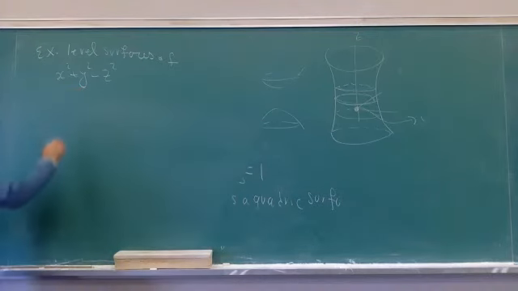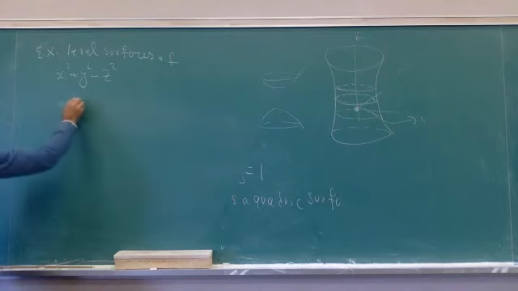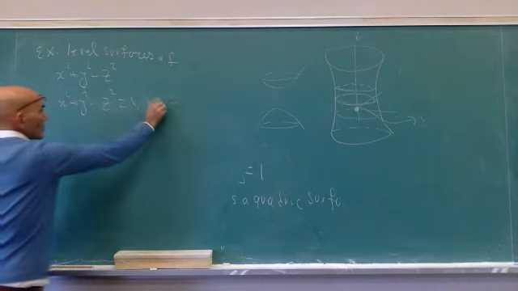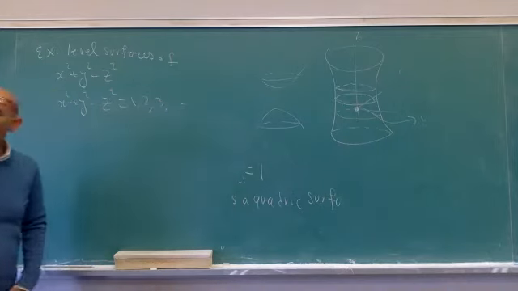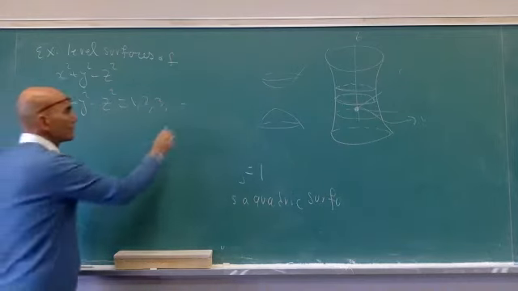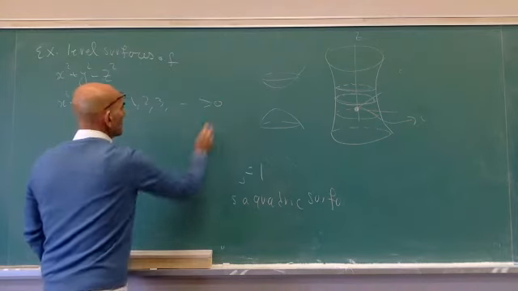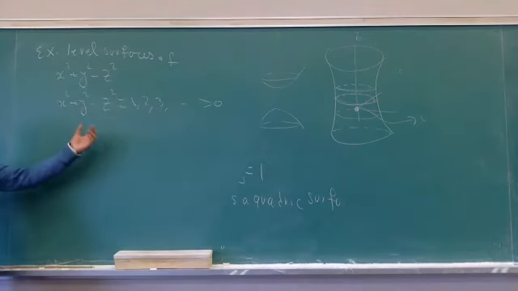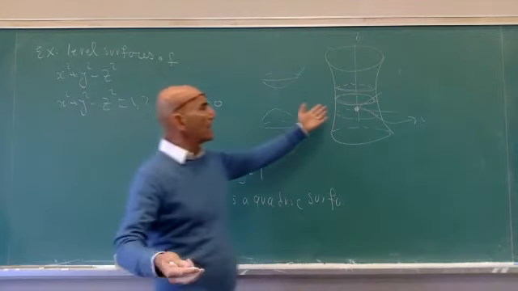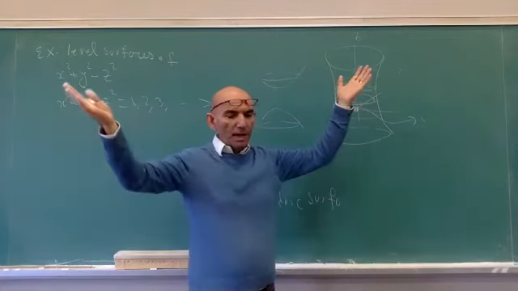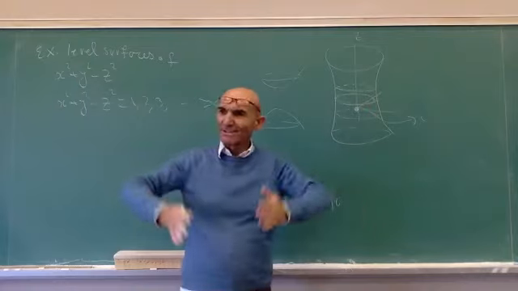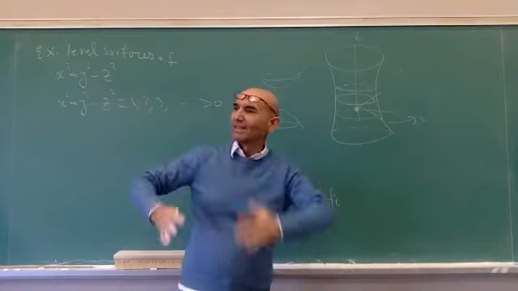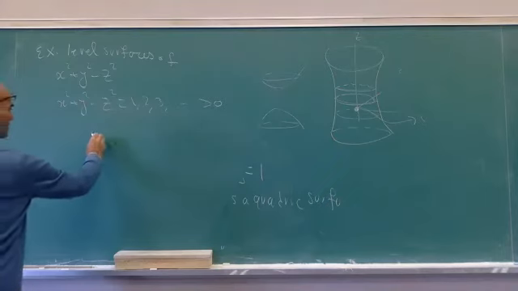Now if x squared plus y squared minus z squared is equal to 1, 2, 3, etc., a positive number bigger than 0, we know what these surfaces are, right? These are families of these nuclear power plant shapes, one built over each other.